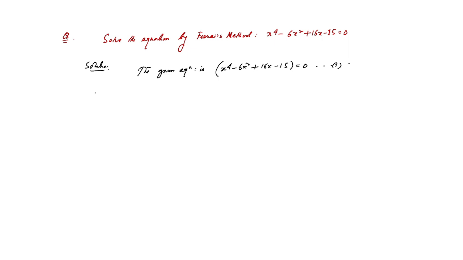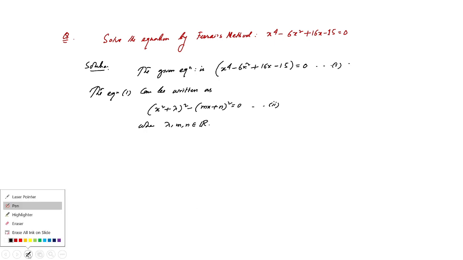Now, because x cube is not present, equation 1 can be written as x square plus lambda whole square minus mx plus n whole square equals 0. This is equation 2, where lambda, m, n are real numbers. Now we'll find lambda, m, n by following the steps.